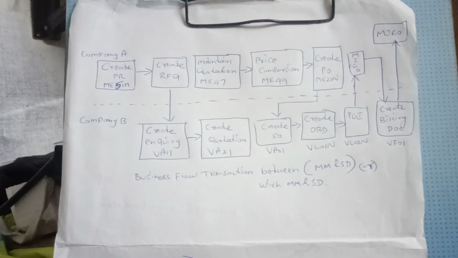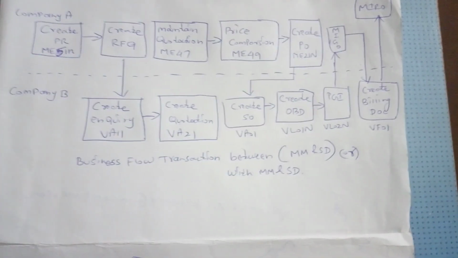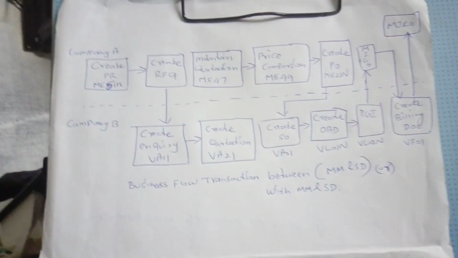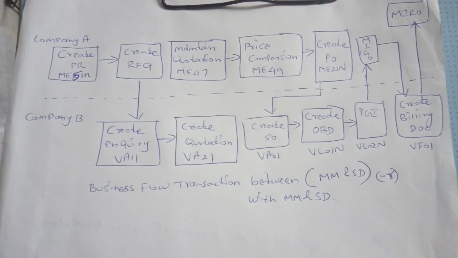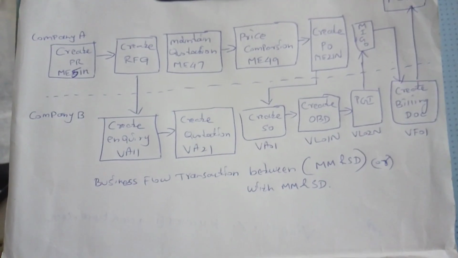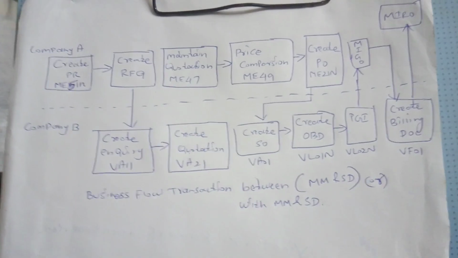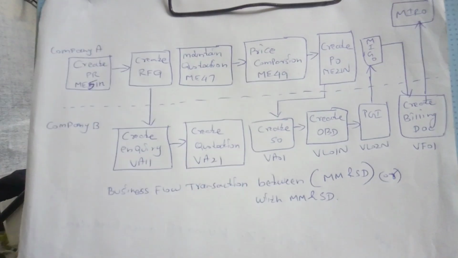The company B persons can understand that company A has received the material and is okay with it, so they posted the goods receipt. This goods receipt document will be a proof of goods receipt, so they can further process the billing document in the VF01 transaction.